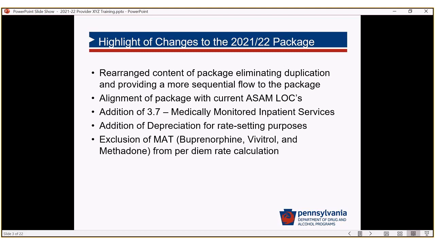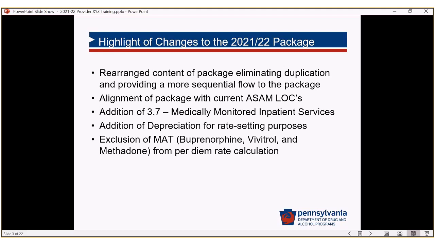So one of the things that we did was we rearranged some of the content in the package to eliminate some areas that were in there 2, 3, or more times, probably just as a result of revisions over time. But we removed all of the duplication and tried to just make things flow in a little bit more sequential order and one that would make sense to you as you fill out the package and to the SCAs as they review the package.